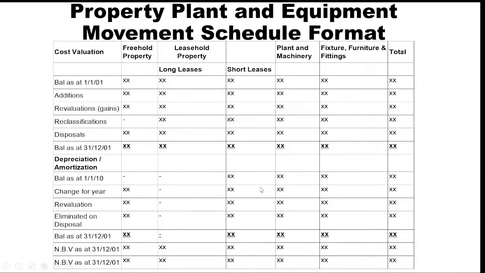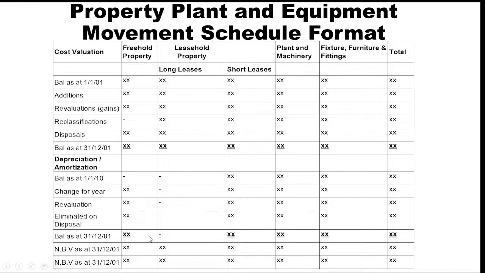So we can have all the balances, then the charge for the year. We are going to calculate that, so that we bring all the amounts for the charge for the year here. Then we have the revaluations and also the eliminated on disposals. So all the elimination on disposals.